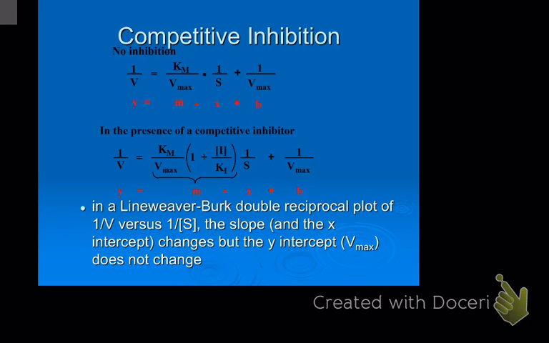I got used to seeing it on Michaelis-Menten because in enzymology, that's really what we use. So if you look at the Michaelis-Menten plot, I'm going to really blow it up this time.